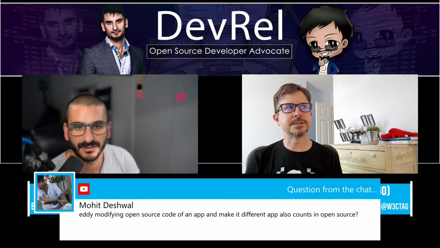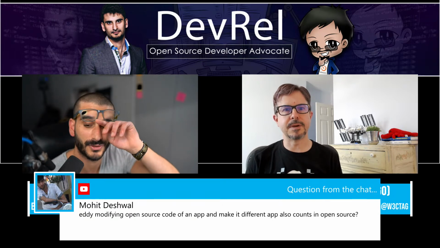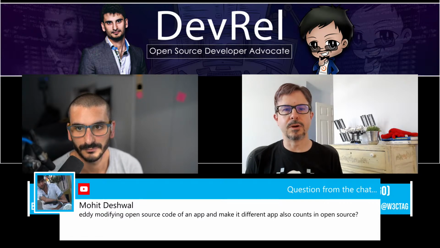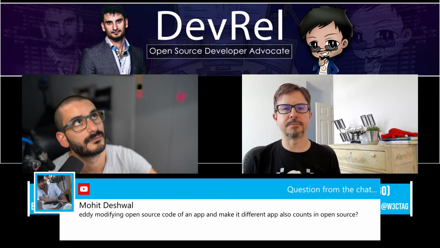I think it also depends on the license, right? The license might allow for forking, or it might not. You have to pay attention to what the license is. I think the more appropriate way usually is to make a pull request on that particular project.